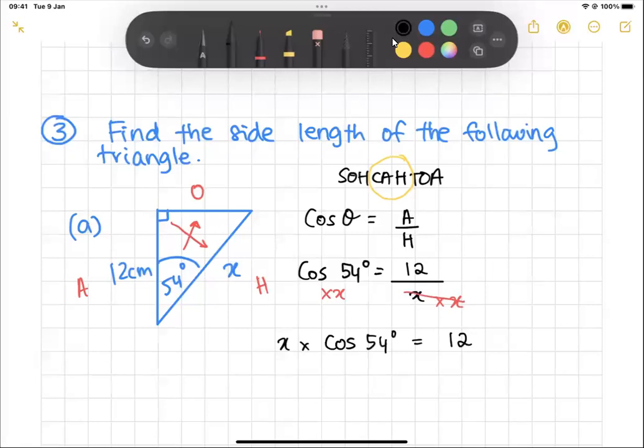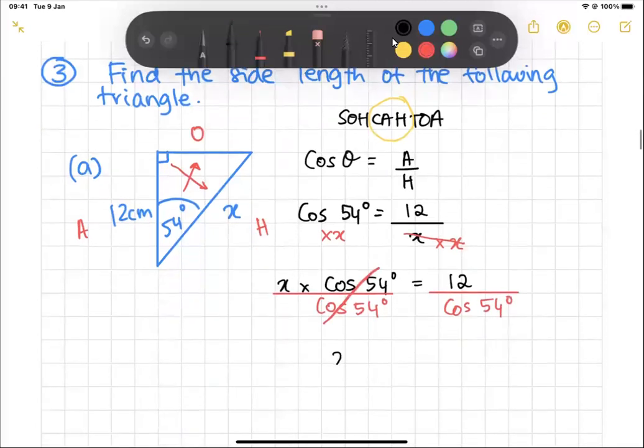Okay, how do I get x by itself? Well, I need to divide by cos 54 on both sides. This will cancel out. And what I get is x equals 12 over cos 54 degrees.